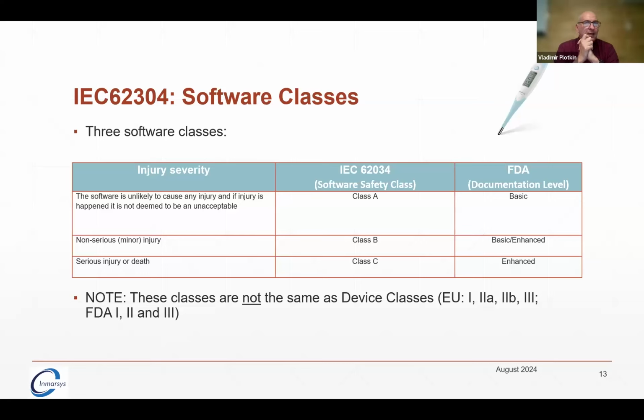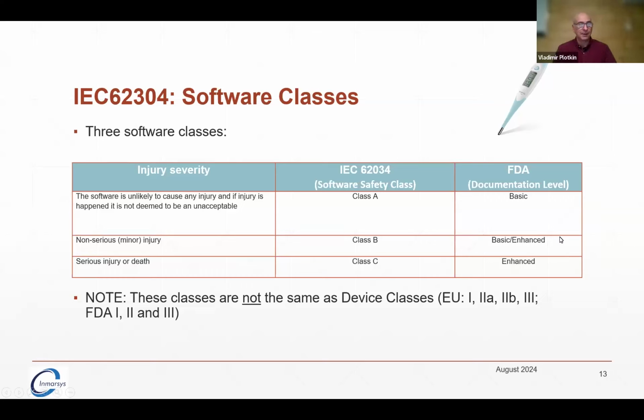For the FDA, it used to be the same up until, I think, 2023, when they replaced the software level of concern, which used to be minor, moderate, and major, again three levels. They replaced it with documentation level, where basic is roughly class A, and enhanced is roughly class C. I put basic or enhanced for class B, because it can be either.